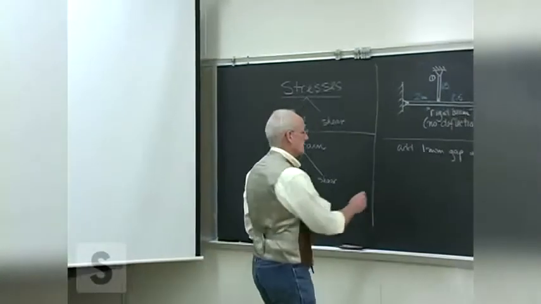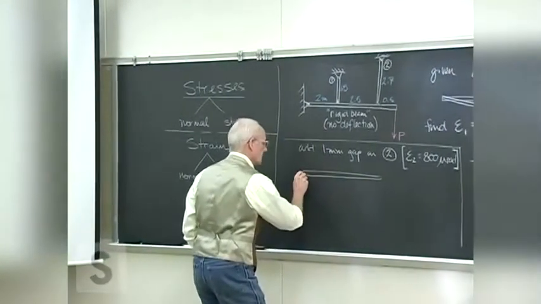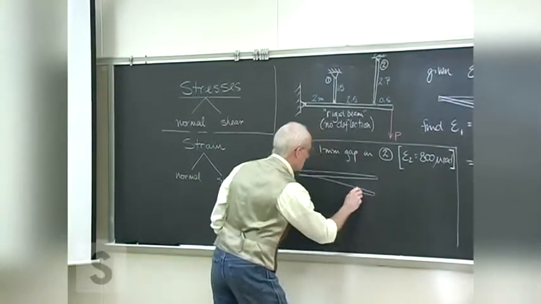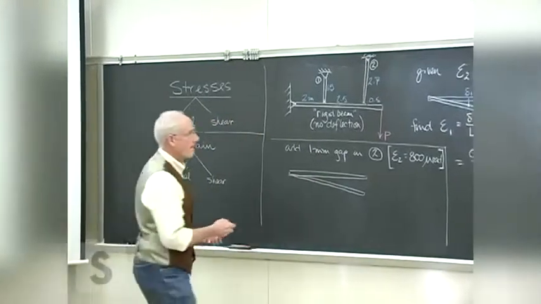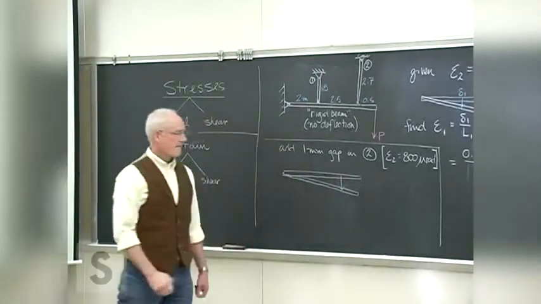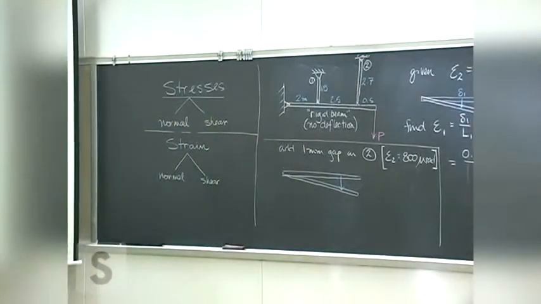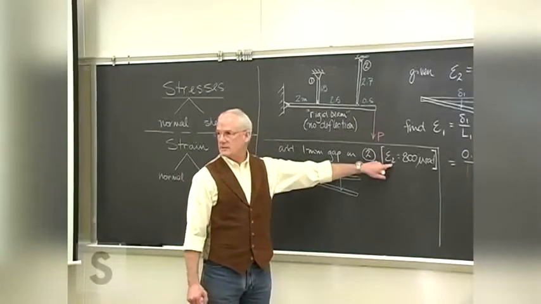How does that change things? So the connection at 2 is going to drop by that amount, but what is that amount now? Such that it still has the same strain in it.